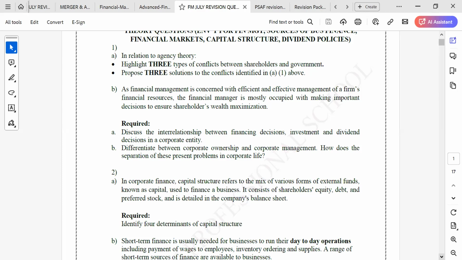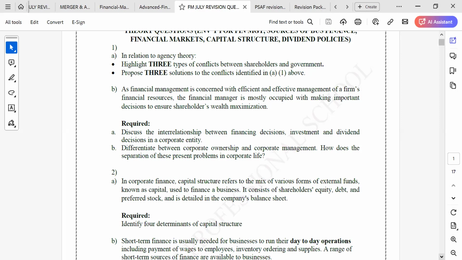Required: A. Discuss the interrelationship between financing decision, investment decision, and dividend decision in a corporate entity. B. Differentiate between corporate ownership and corporate management. How does the separation of these present problems in corporate life?